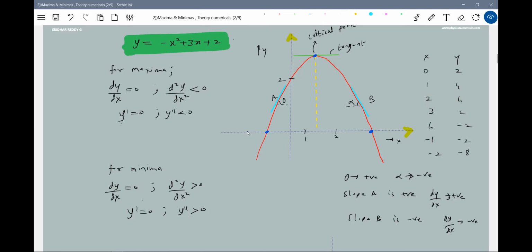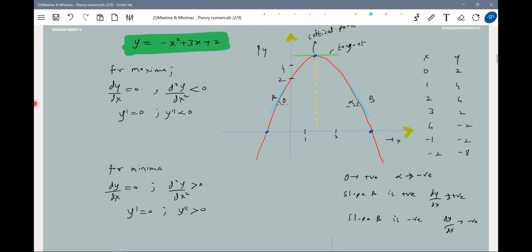Then x equals 3, it starts declining, y will be 2. Then x equals 4, y is minus 2. It will become negative. For x equals minus 1, it will also be negative. Okay, somehow we got a curve.